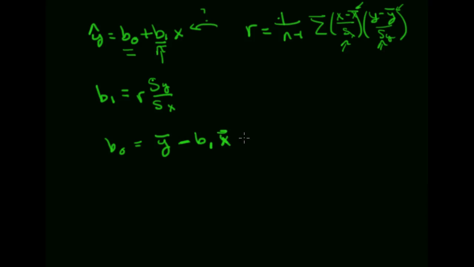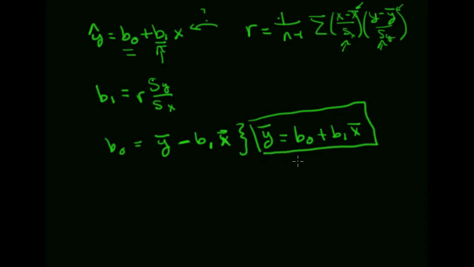If you look at this last sentence, it's kind of interesting, because if I move things around and bring y bar over by itself, b sub 0 stays positive and the b1 term becomes positive. Another way of saying this is that the mean of the y values is equal to b sub 0 plus b sub 1 times the mean of the x values.